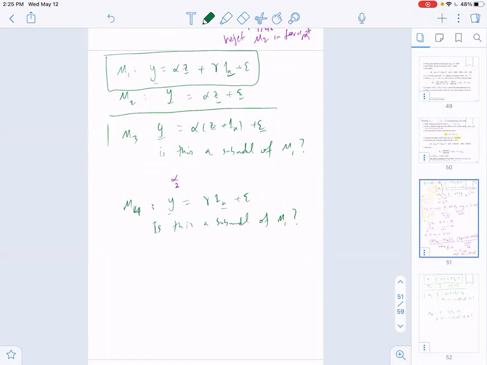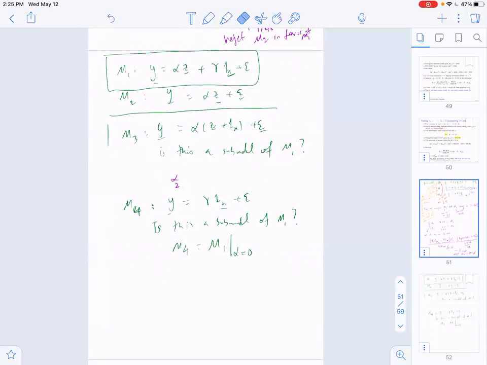Another way of saying it is that I can get M4 as just M1 with alpha set to 0. So I put a restriction on alpha and I get that. So how about this? Is M3 a submodel? M4 is, M3 isn't.